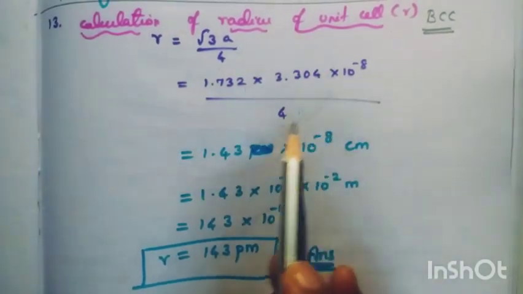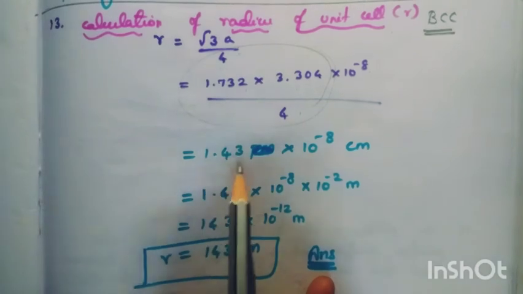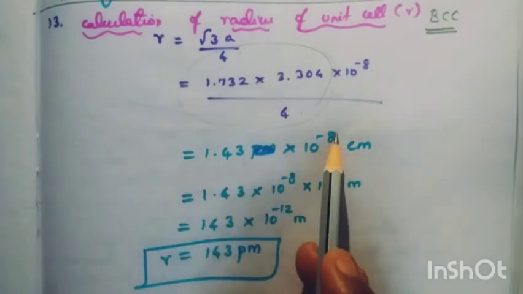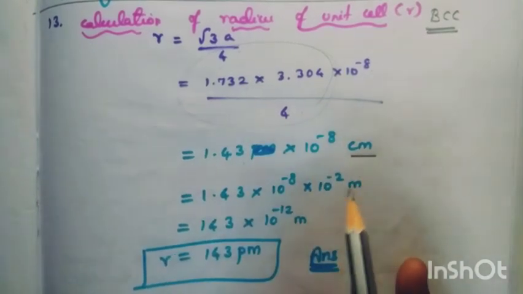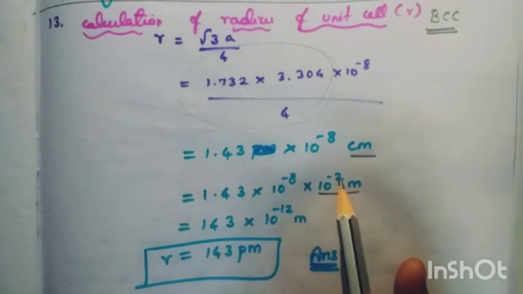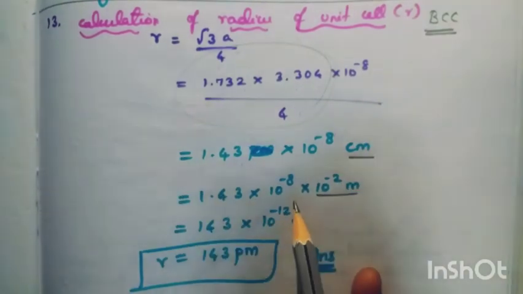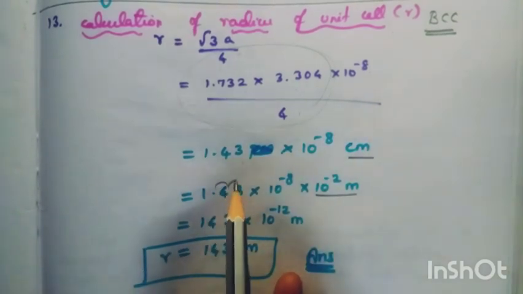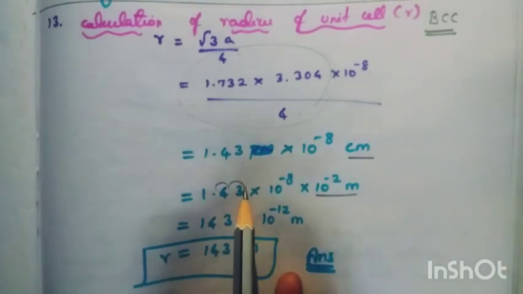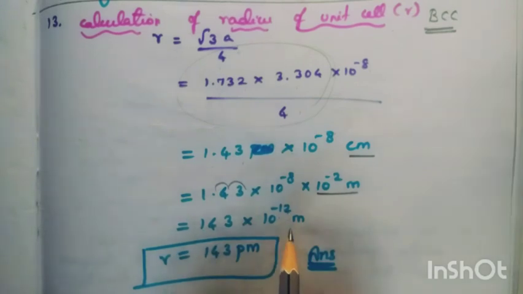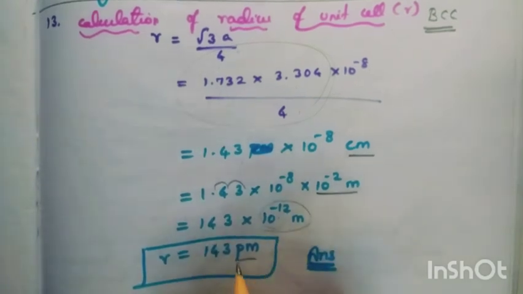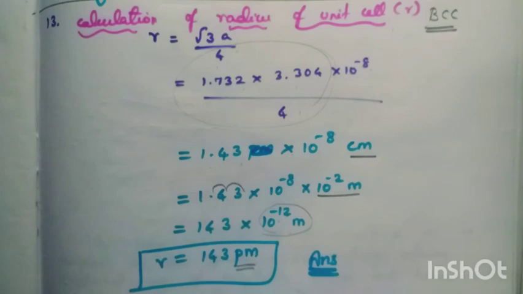By calculating all these, we get 1.43 into 10 power minus 8 centimeter. Centimeter is converted to meter, so into 10 power minus 2. So, totally 10 power minus 10 meter. 10 power minus 12 meter is nothing but picometer. So, R is equal to 143 picometer.